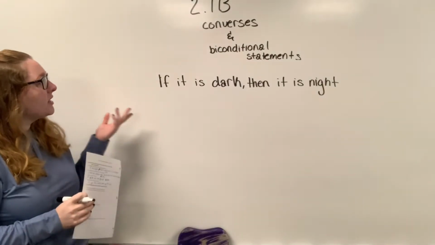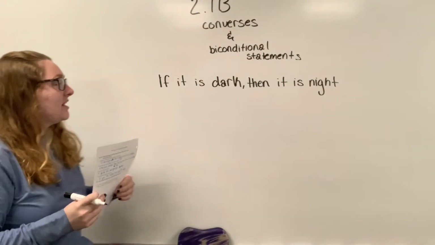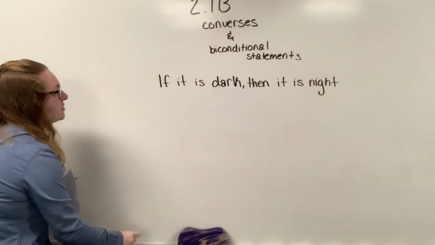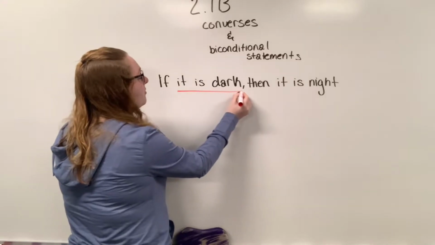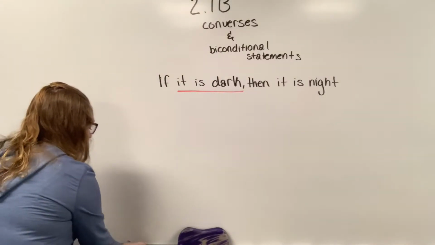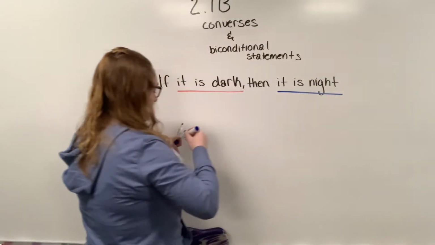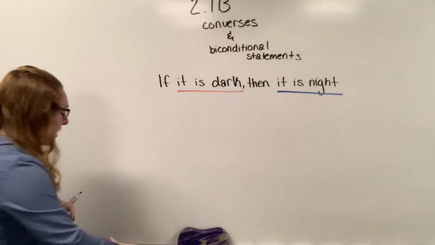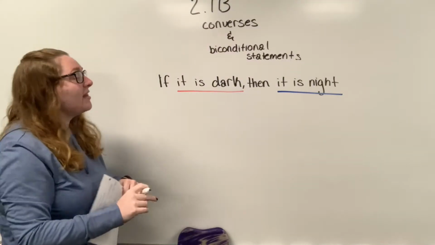I wrote up a conditional statement that says, if it is dark, then it is night. So since this is a regular conditional statement, this first piece after the if would be our hypothesis, and the second piece after the then would be our conclusion. Okay? And we want to write the converse, which means we have to switch the conclusion and the hypothesis.